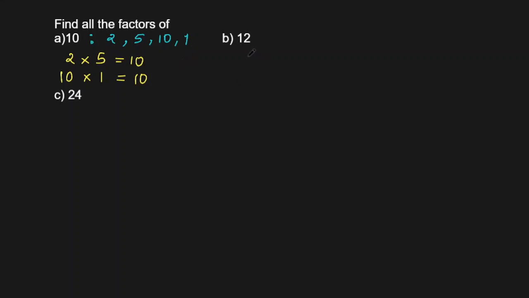Same thing we can do with the 12, okay? Now I'm going to use another method for the 12. Let's write down all the factors of 12 first. So it's 1 times 12 gives a 12. Then 2 goes with 12, so 2 times 6 gives a 12. We go for 3. 3 times 4 gives a 12. Next number is 4. 4 times 3.